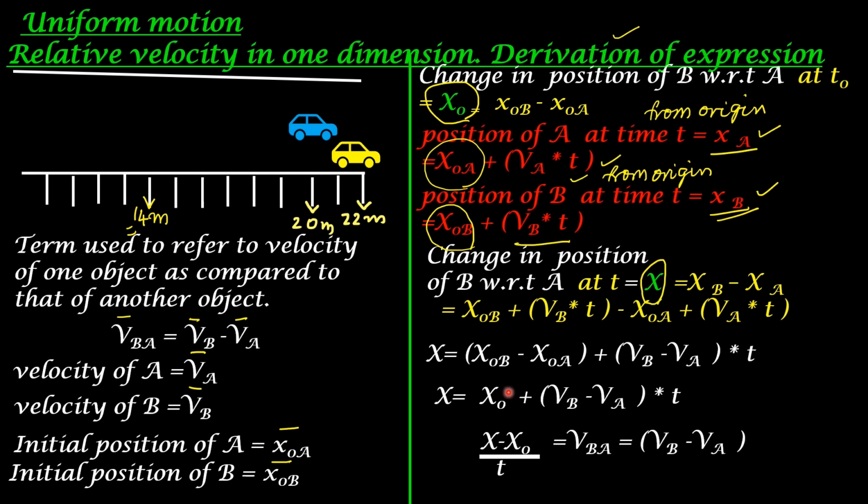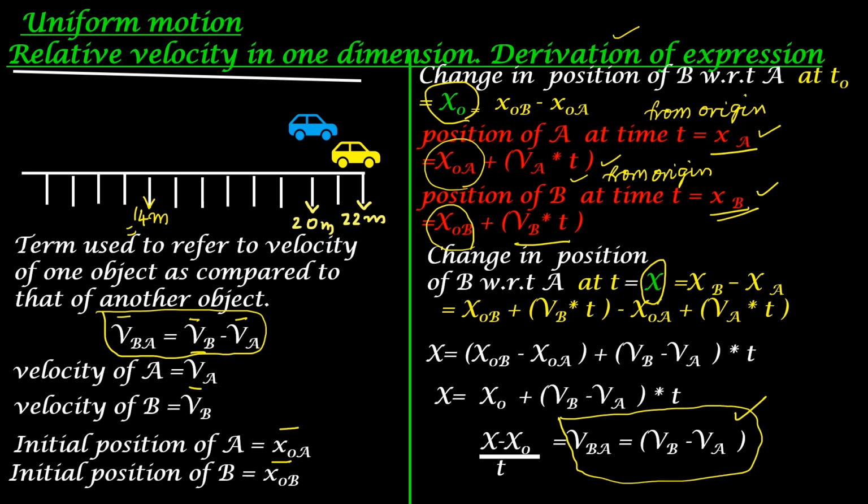That is, relative change in position divided by time gives relative velocity. Relative velocity of B with respect to A is equal to VB minus VA. So we have derived this equation. Change in position of the objects at time t minus change in position of the objects at time t naught, divided by time taken, is equal to VB minus VA. I have repeated this equation so that you understand what is x and x naught.